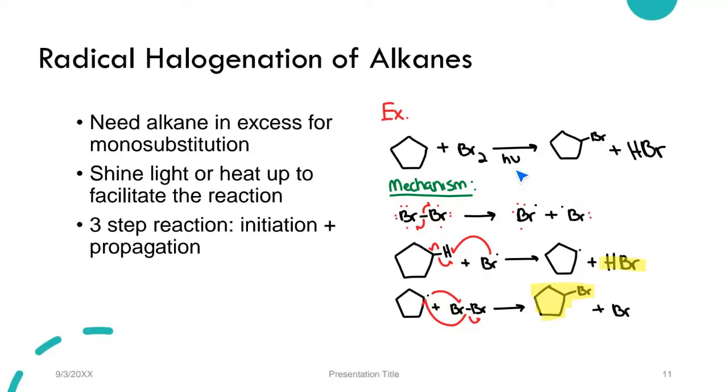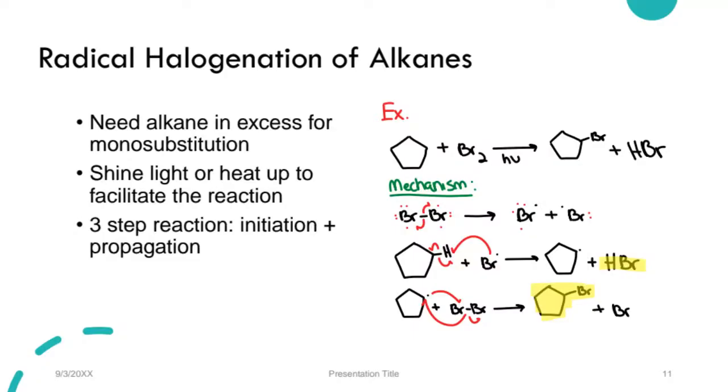Okay? And this will only happen if you shine light or heat up the reaction. So this h nu here is telling you that there's light. Okay? It's a 3-step reaction here. This first step is initiation, and then these 2 steps here collectively are propagation.